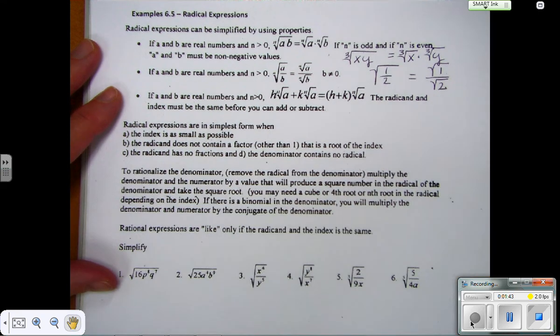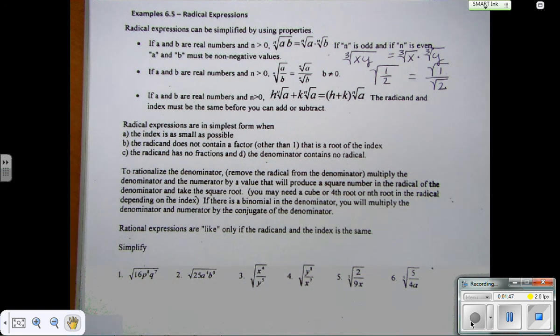Now you don't want to leave a radical in the denominator. You want to rationalize, which you should have seen some in 9th grade. We'll do some examples of that to get you back up to speed. But anyway, you can break a fraction up into separate radicals and then work with it like that.